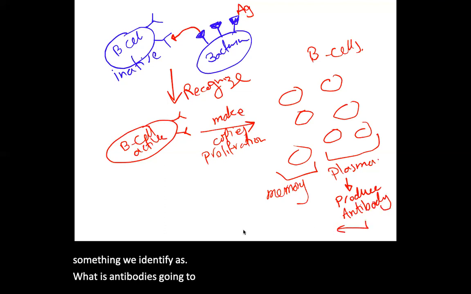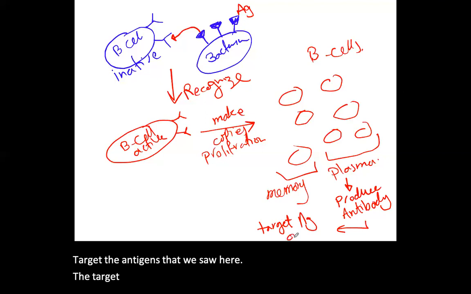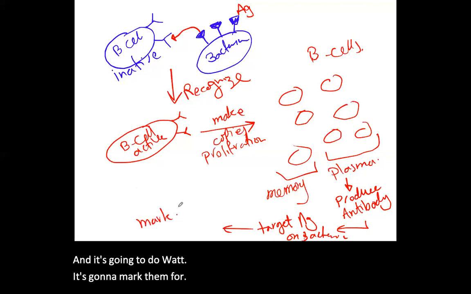Antibody is going to go and target what? Target the antigens that we saw here, so target antigens on the bacteria. And it's going to do what? It's going to mark them for destruction.